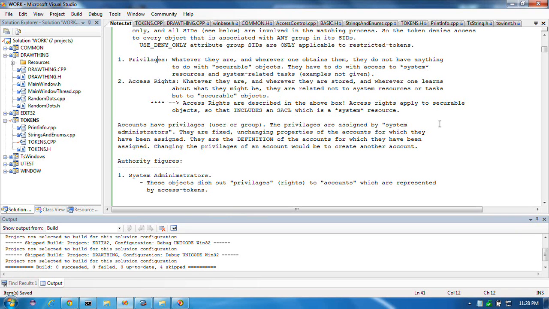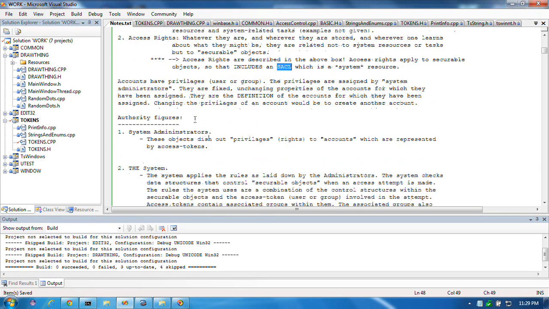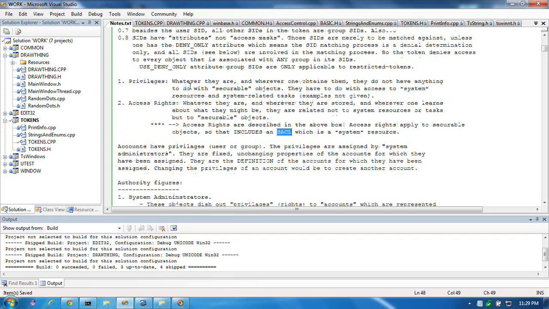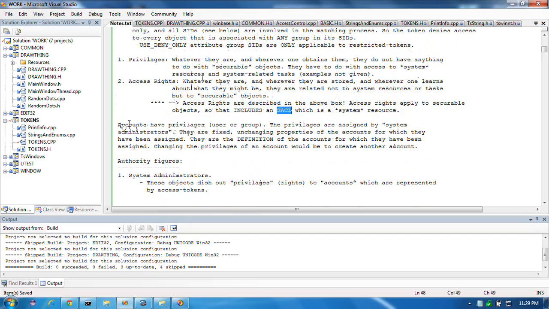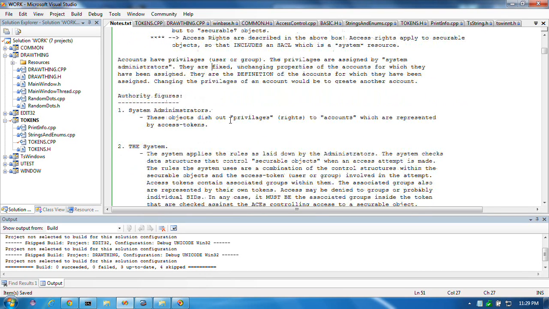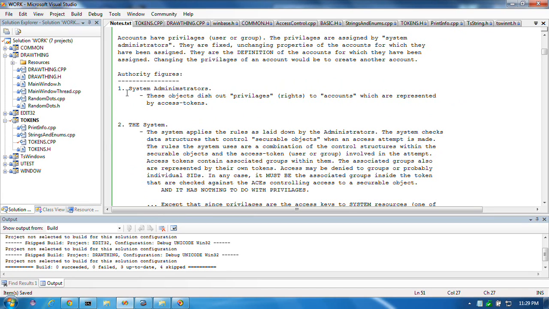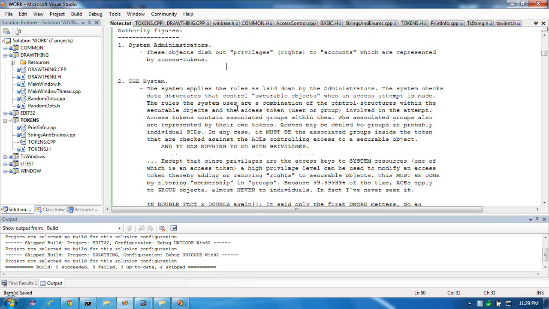Access rights can apply to securable objects, and one of the securable objects in the world is a system object. So there is that one case where they kind of mix. Now, administrators, those are the ones that hand out the privileges to accounts, which are represented by tokens.